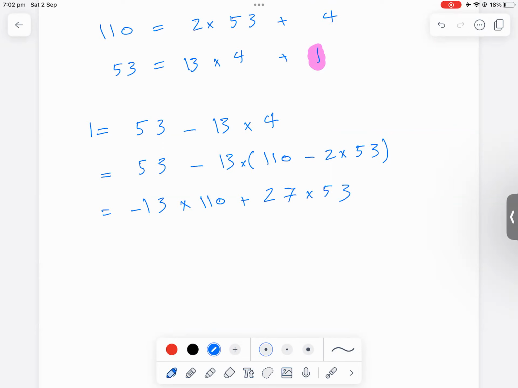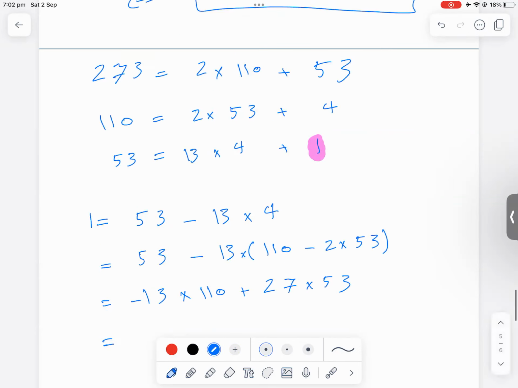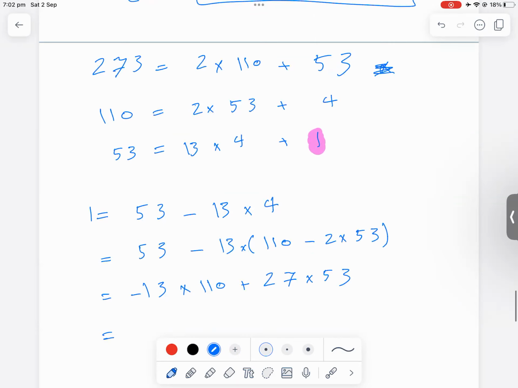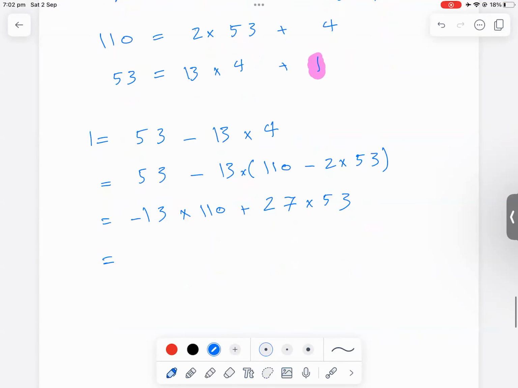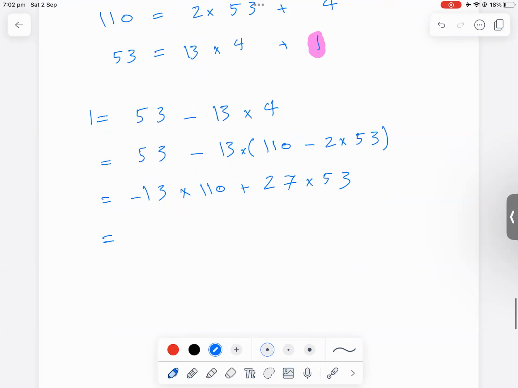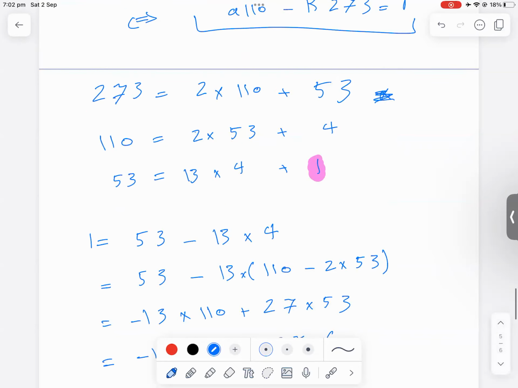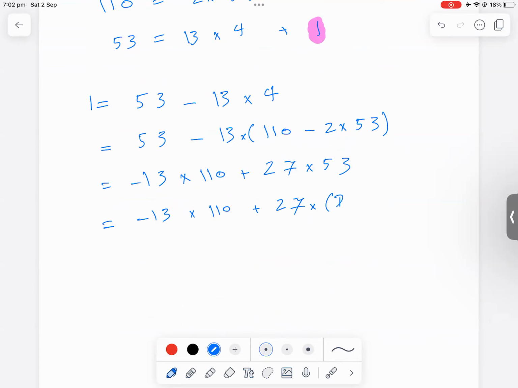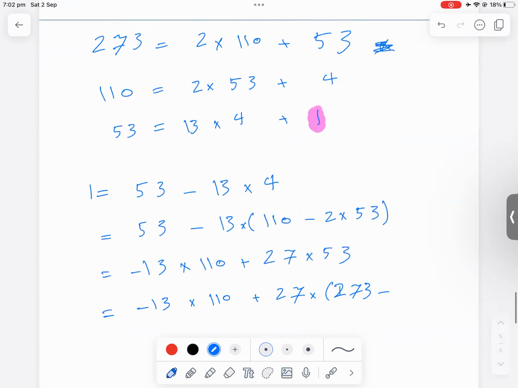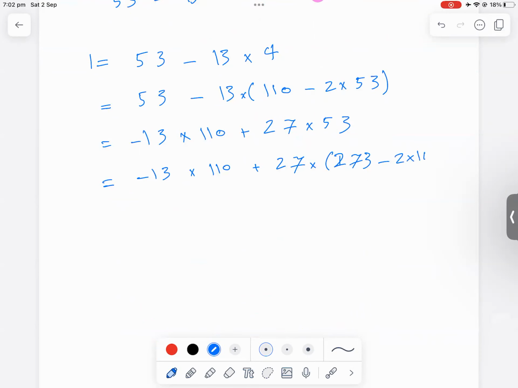So now from here, I'll use the first equation here. Instead of 53, so minus 13 times 110 plus 27 times (273 minus 2 times 110). So from here we can write 27 times 273.